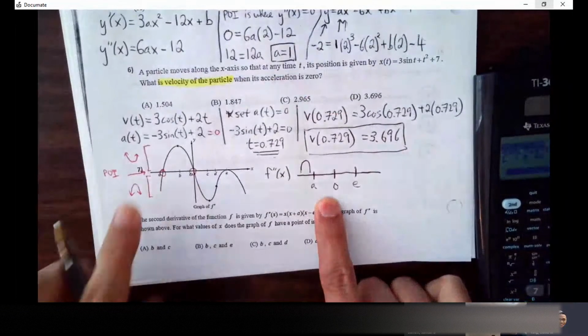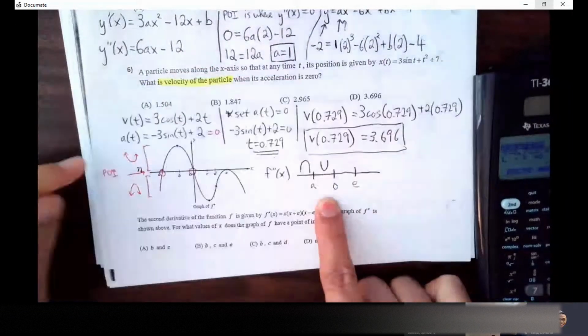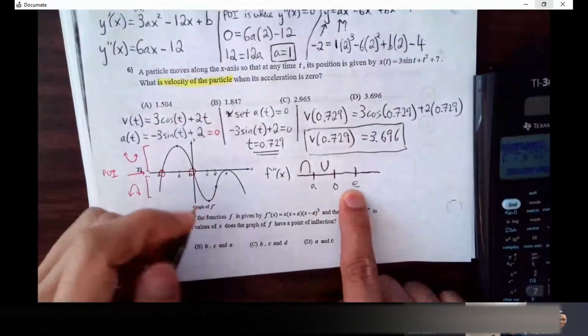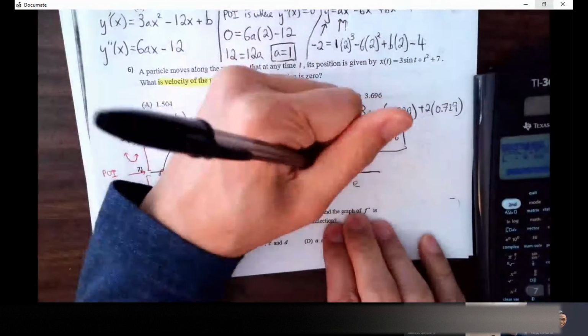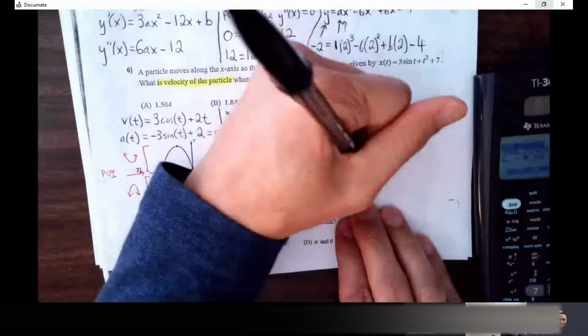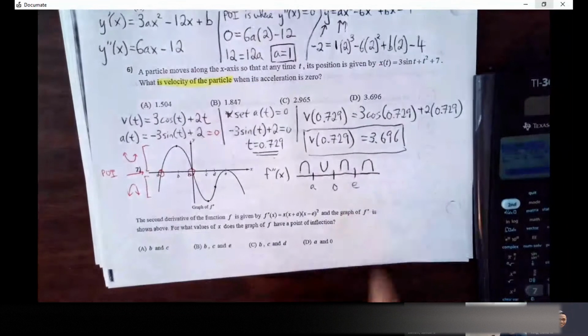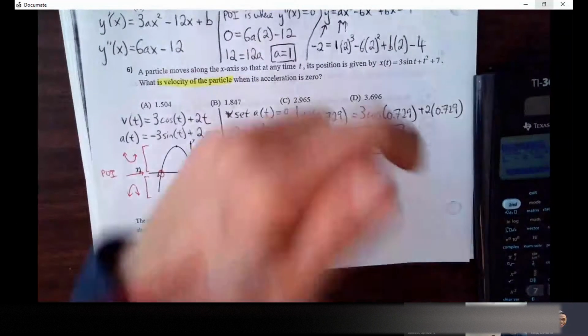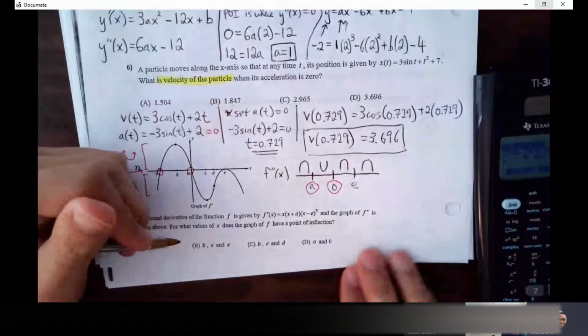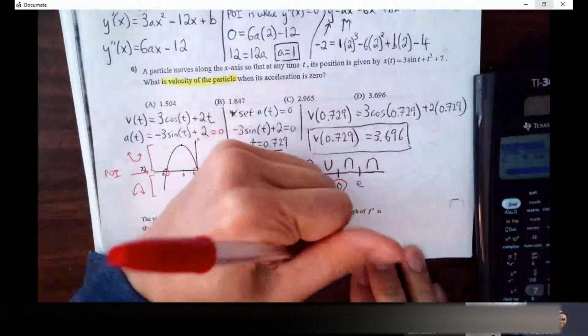Between A and 0, it's above the x-axis, so concave up. Between 0 and E, it's below the x-axis, so concave down. But then from E onward, it's still below the x-axis, it's still concave down. There's no change in sign. There's only change in signs at A and 0. So our answer choice is D.